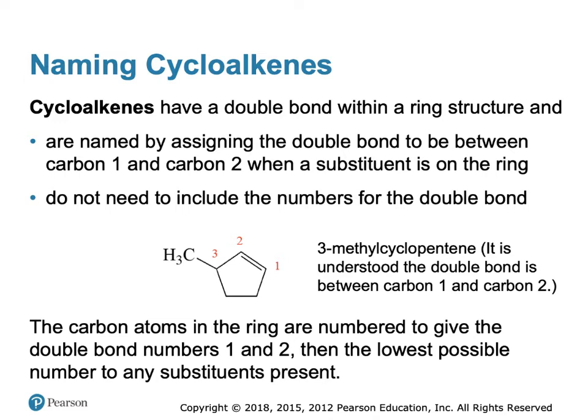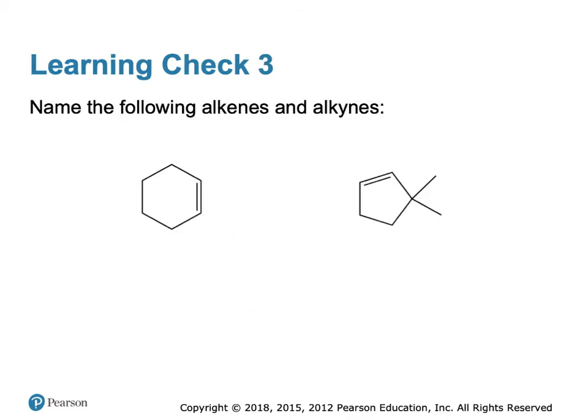In our name, we do not need to include the number of the double bond if it starts at carbon 1. So this ring here has 5 carbons in its longest continuous chain, which is the ring. 1, 2, 3, 4, 5. We have a methyl substituent on carbon 3, so this will be 3-methylcyclopentene.